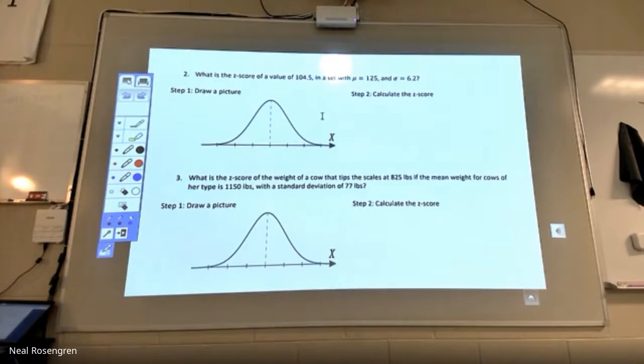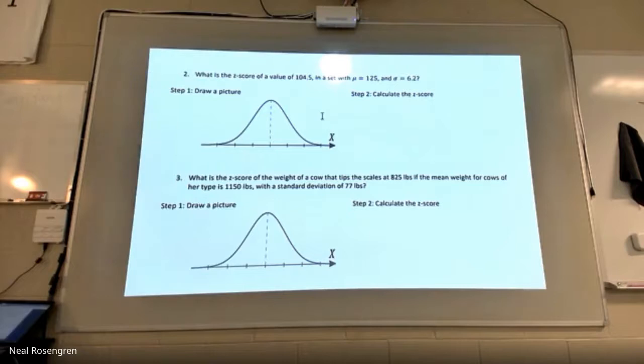So, in other words, how many standard deviations away is 104.5 in some set of data with, what's that weird looking mu? The mean, and how do we say it out loud? Mu, nice, mean mu, good. So we have an average of 125, and what's that O with a little thing on top?